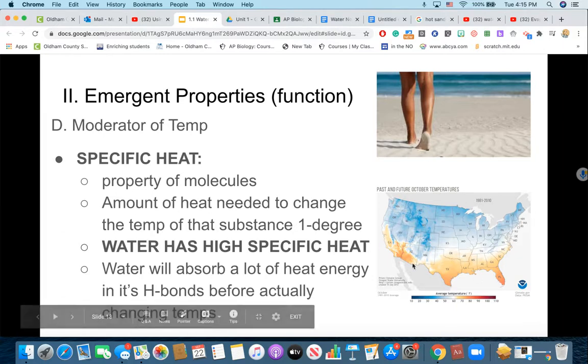And that is why we see the second picture down here. Because water has a high specific heat, we see that coastal regions, so think about where beaches exist, actually have a pretty moderate temperature throughout the year.